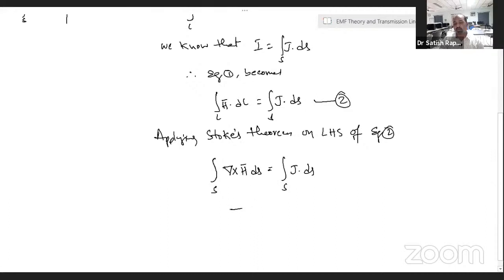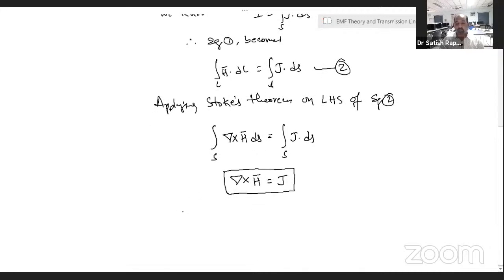So the equation becomes del cross H is equal to J. This is Ampere circuital law and Maxwell's equation for magnetostatics. Earlier we discussed Gauss law, which is Maxwell's equation for electrostatics, and this is Maxwell's equation for magnetostatics. Let us say this is equation 3.